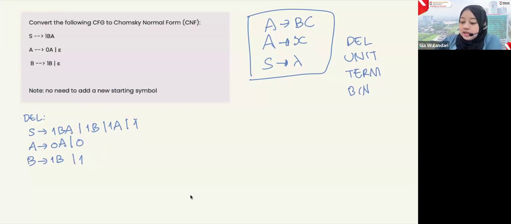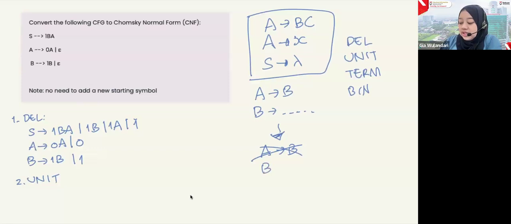Nothing, yeah. And the next one is unit. For unit, we need to change... Oh, for this case, there is actually no unit. For example, if we have A to B and then B to something, then we will remove A to B. We still keep B to something, but we will add A to something.